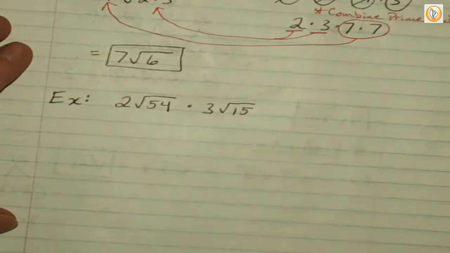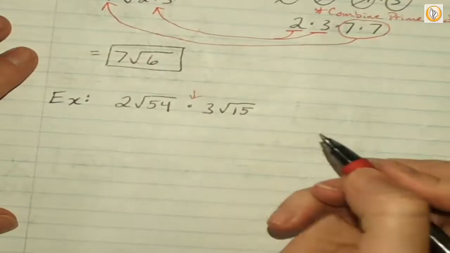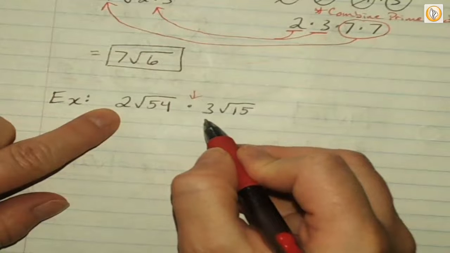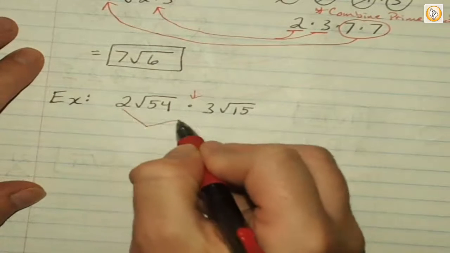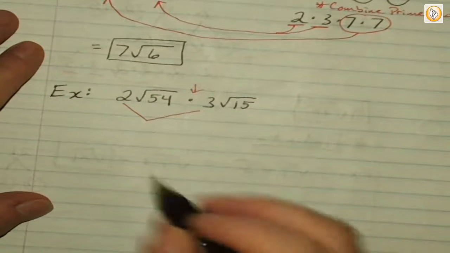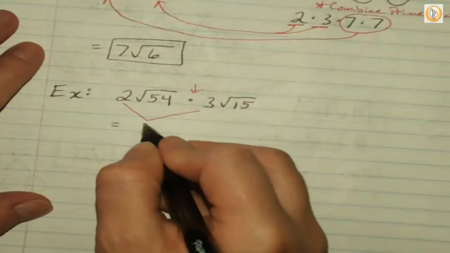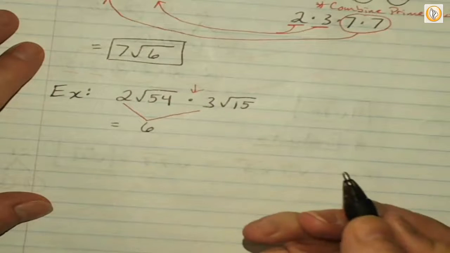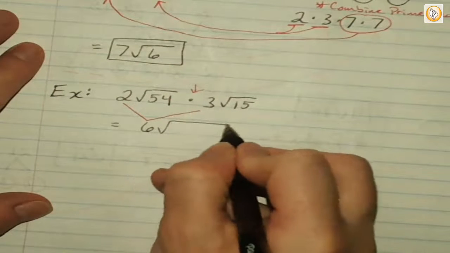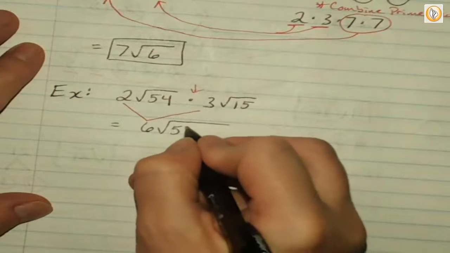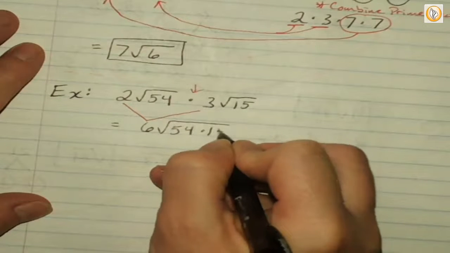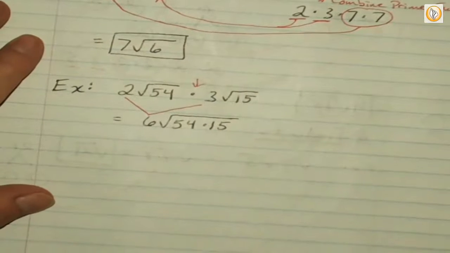So watch what I do. Because of this multiplication, I'm going to multiply the 2 and the 3. What do you get? 6. Thank you for people paying attention. 2 times 3 is 6. Times the square root of 54 times 15. See what I did there?